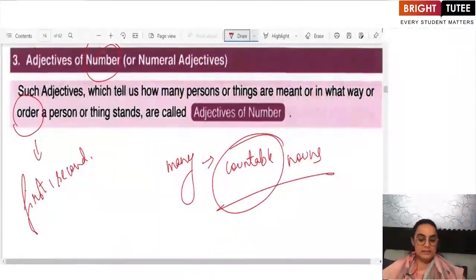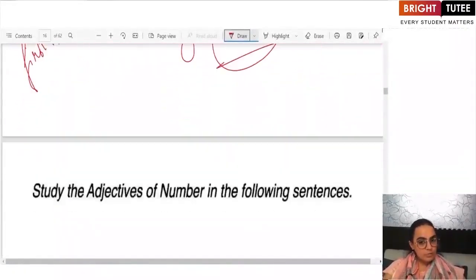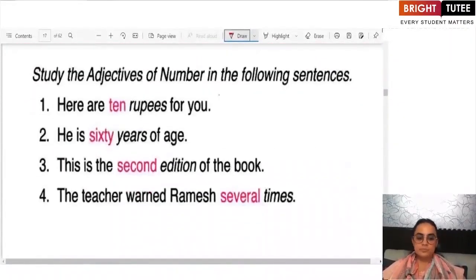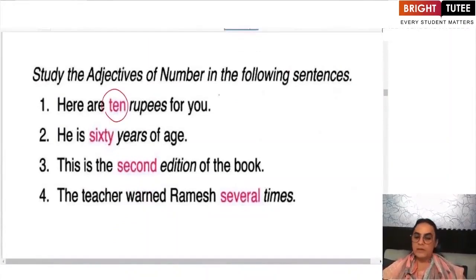Let us look at the examples given in your book. He has 10 rupees for you. I can very well count 10 rupees. Remember, I told you there's a difference between rupees and money. Money is uncountable while rupees is countable.